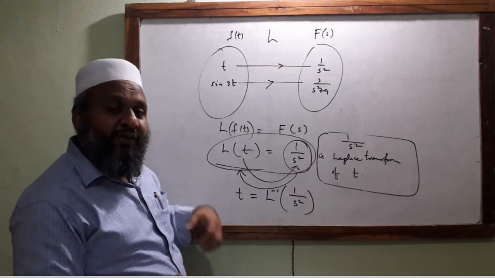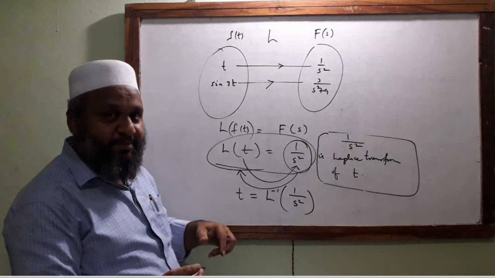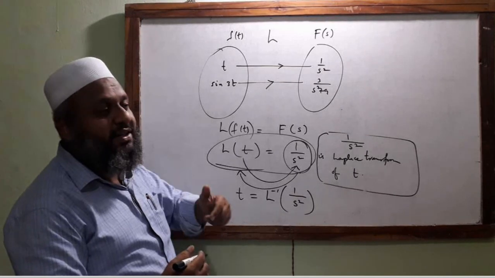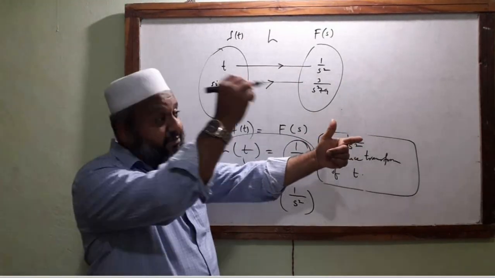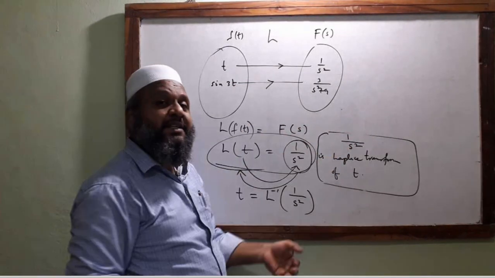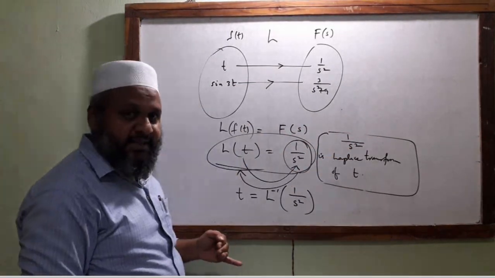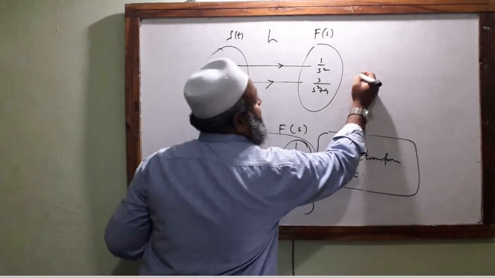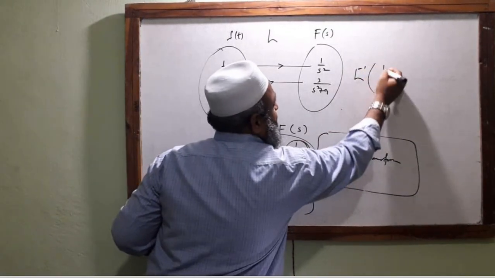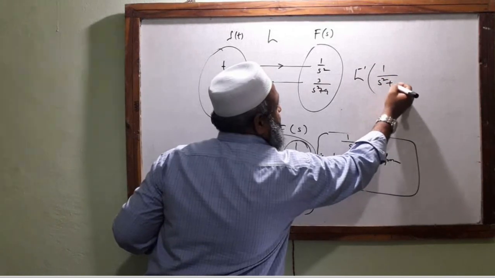Now if I am in this domain, I give the input function and ask you what is the Laplace transform, you have to go to that domain. If I give a function from that domain and ask what is the inverse Laplace transform, you have to come to this domain and answer. Now let us practice just one or two cases. What is the inverse transform for 1 by s square plus 9?